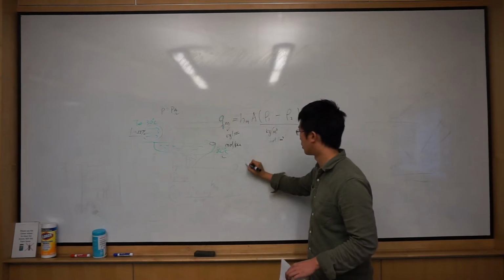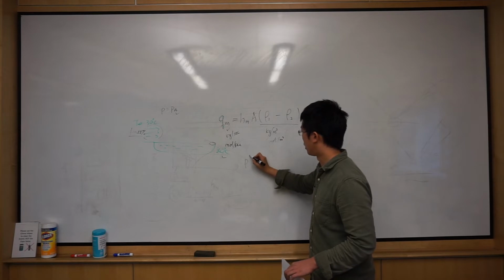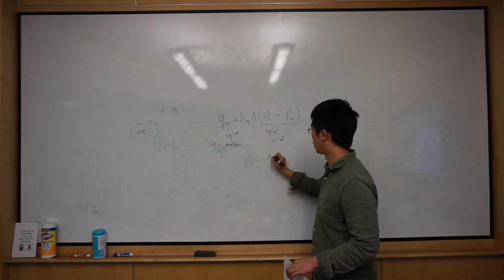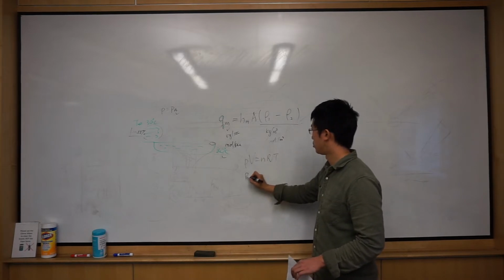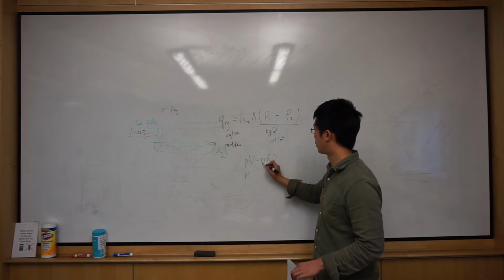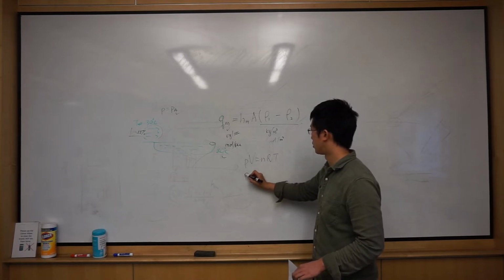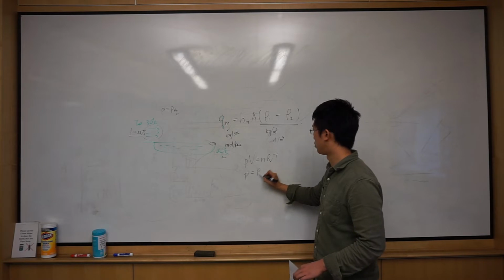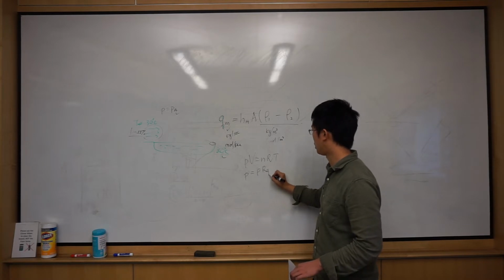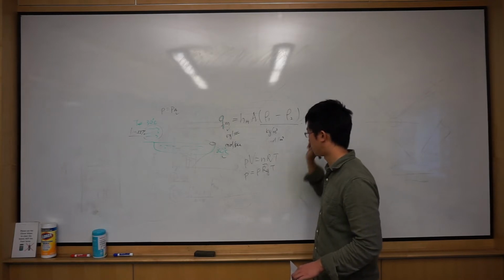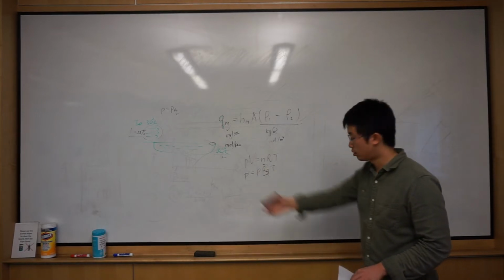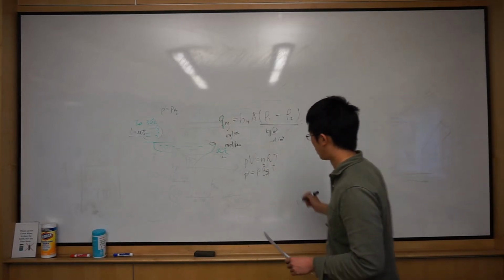Right? These are all coming from the equation PV equals nRT, or P here. Sometimes we put an M here, right? We can write P equals rho R_g T, or R bar T sometimes, depending on which language you are using, right?